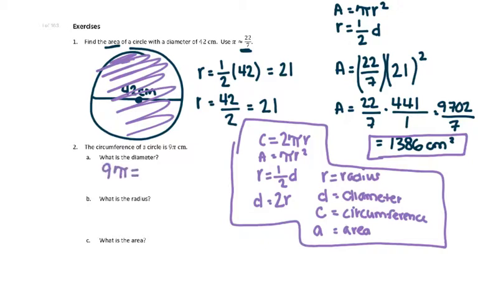So we're going to set that equal to our equation for the circumference, which is 2 pi r. And we really like equations like these because we can simply divide both sides of our equation by pi to get rid of pi there. So bye-bye pi. Now that pi's gone, we are left with 9 equals 2r.